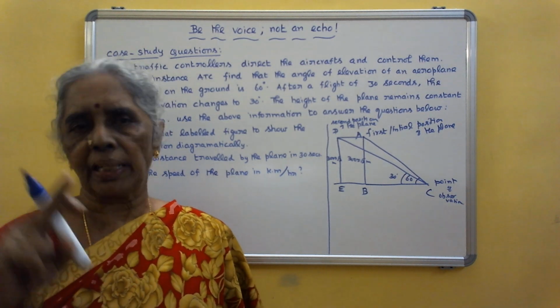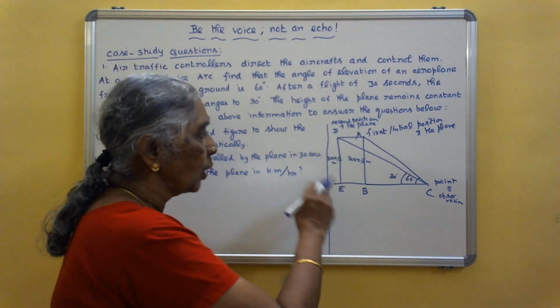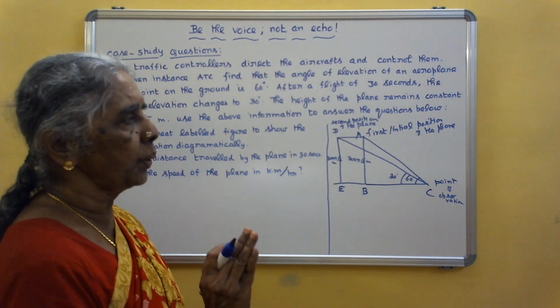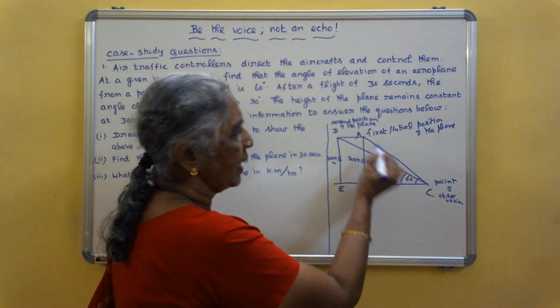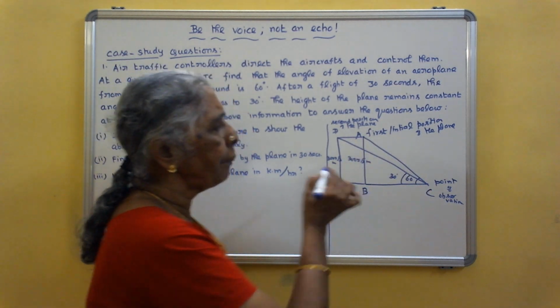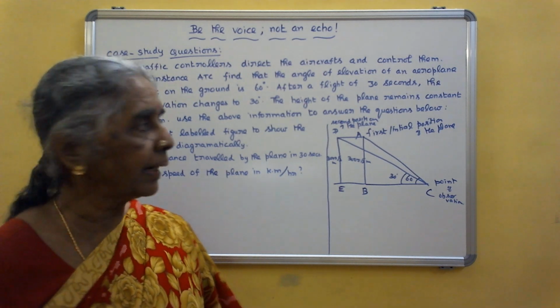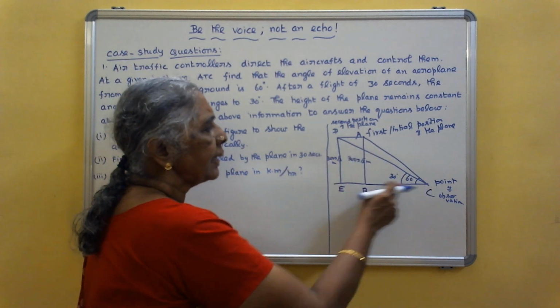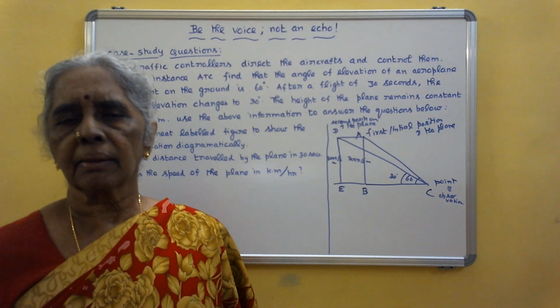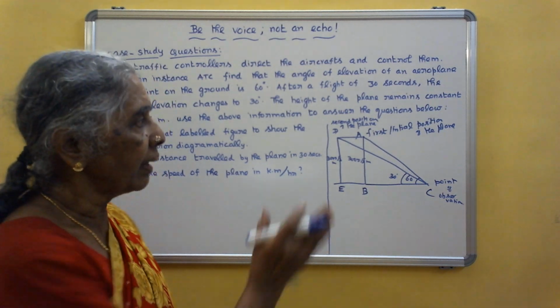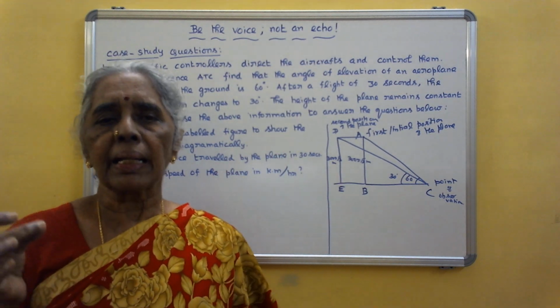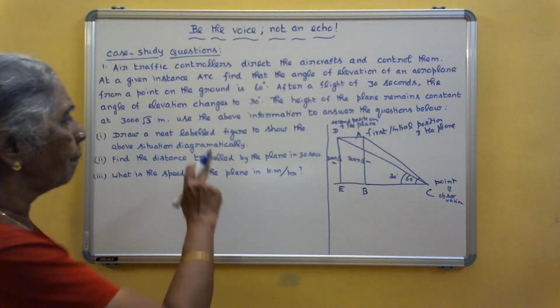Since the plane is flying at the same height, DE is also 3000 root 3 and the angle of elevation, that is angle ACB, that is 60 degrees, and DCB, that is 30 degrees. Is it clear? So the diagram is the answer to the first subdivision.